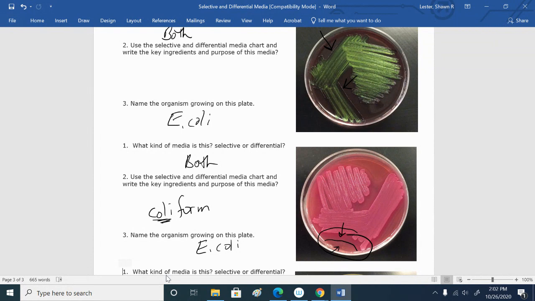And we will use a type of medium that shows us E. coli and coliforms if they're present. And again, it uses lactose fermentation. So if you find coliforms in your drinking water, what does that indicate? It's contaminated. With what?